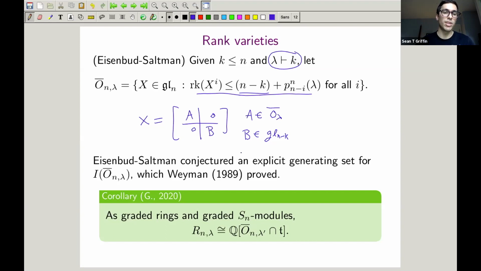And Weyman was able to find an explicit generating set for the vanishing ideal of this variety. Using that, I was able to prove as a corollary that R n lambda is isomorphic to the corresponding scheme theoretic intersection with the rank varieties. So all of the results on R n lambda transport over to this setting.